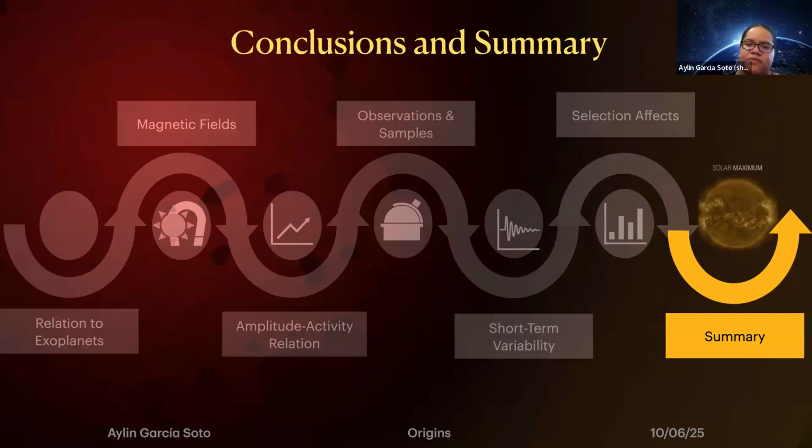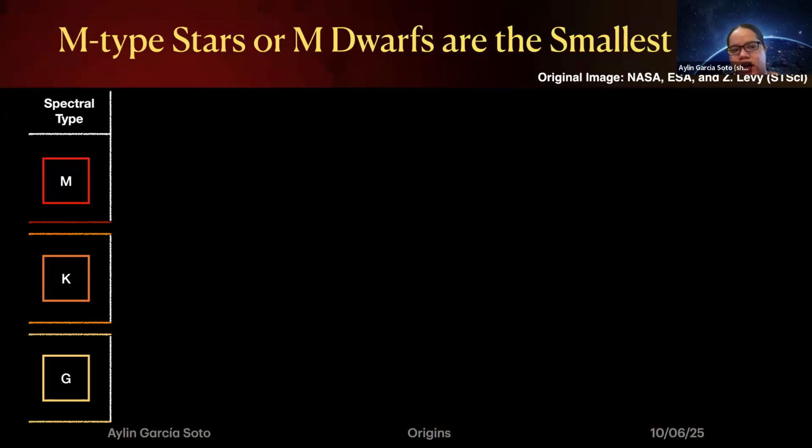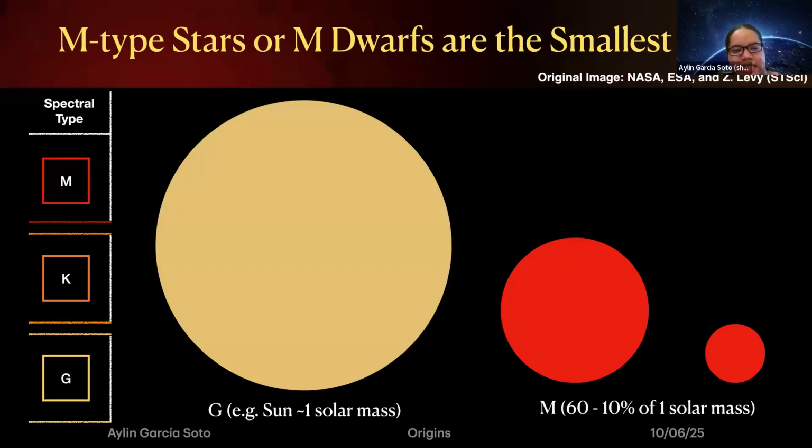So for starters, we're going to talk about M-dwarfs in comparison to other stars and M-dwarfs in relation to exoplanets. We have three different spectral types here: M, K, and G. In terms of size, an M-dwarf is 60 to 10% smaller than the sun, so in comparison it somewhat looks like this.